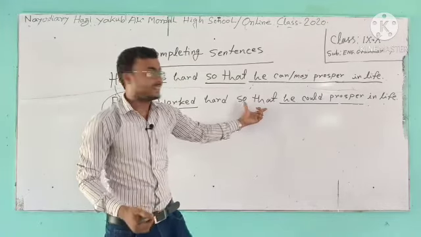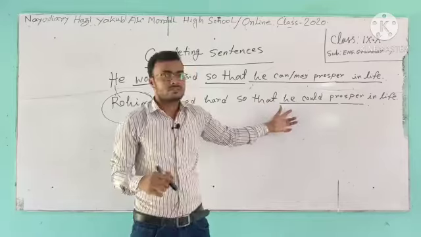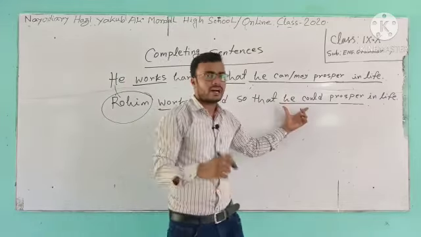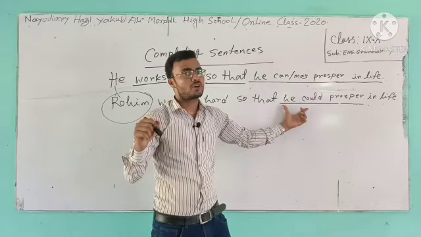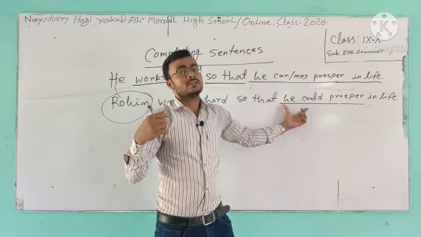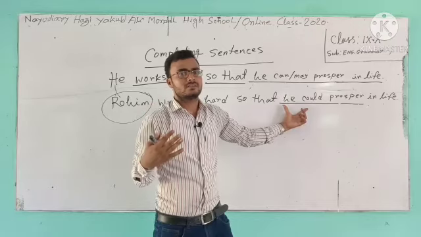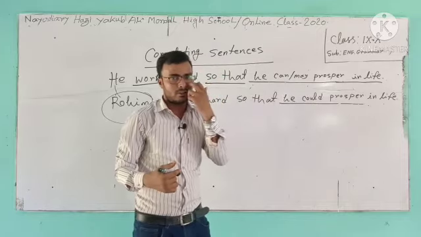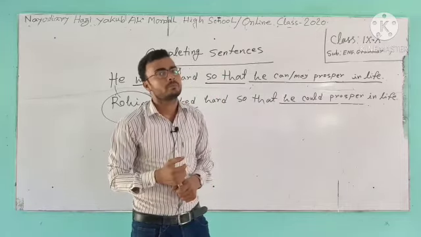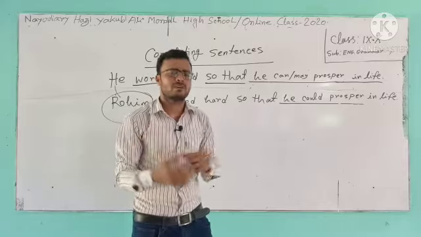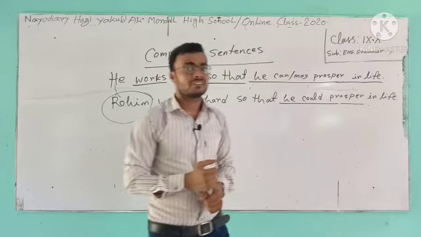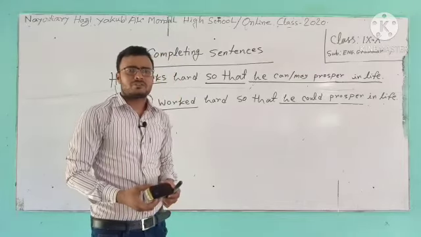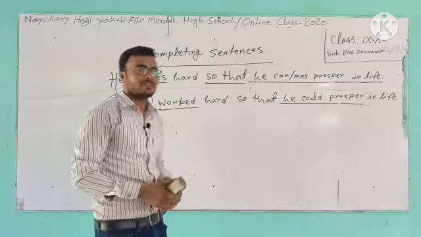After so that you need to use the first subject once again, and after the subject you need to use a modal auxiliary, that is can, could, may, might, etc. After the modal auxiliary verb, you need to use the principal verb, and the form of the verb obviously is in present form. So, is there any question? Okay.